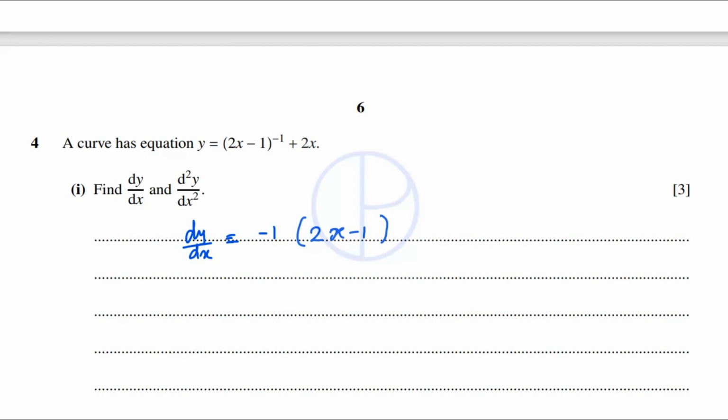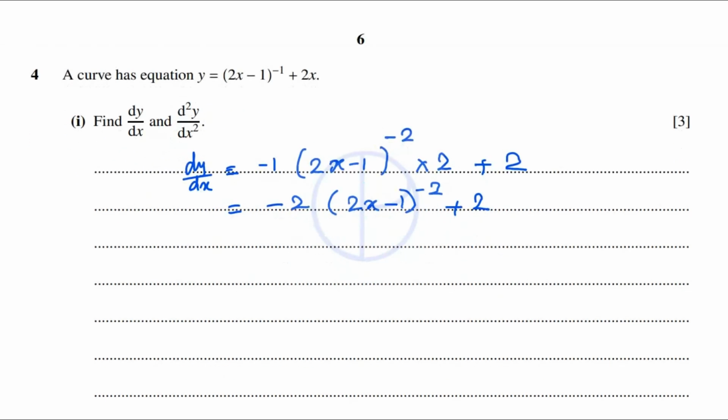Decrease the power by 1, so negative 2. Multiplied by the coefficient of x, which is 2. Plus 2. So this is nothing but negative 2 multiplied by (2x minus 1) to the power negative 2, plus 2. This is our dy by dx.